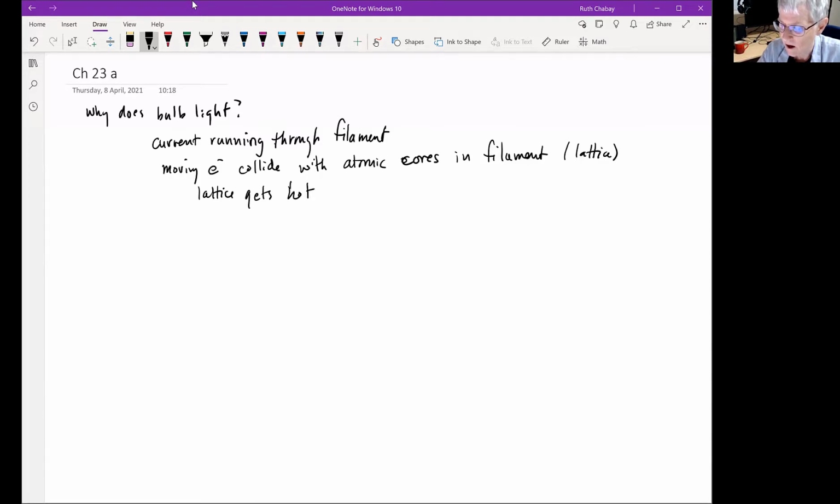What does it mean to get hot? Well, we know from last semester that what it means to get hot is that the metal atoms bonded together by these covalent bonds are vibrating more. They're like little masses on springs. And these little oscillating atoms on springs, atoms oscillate.